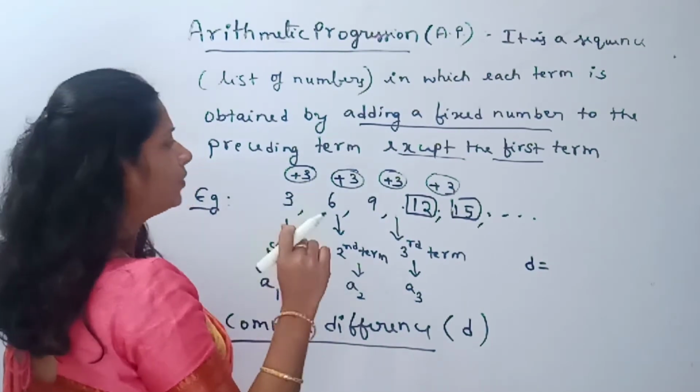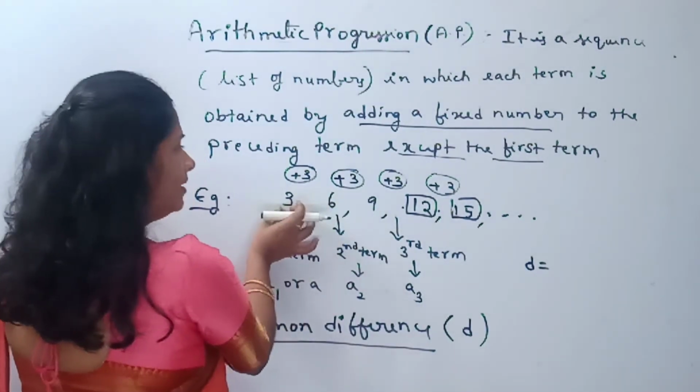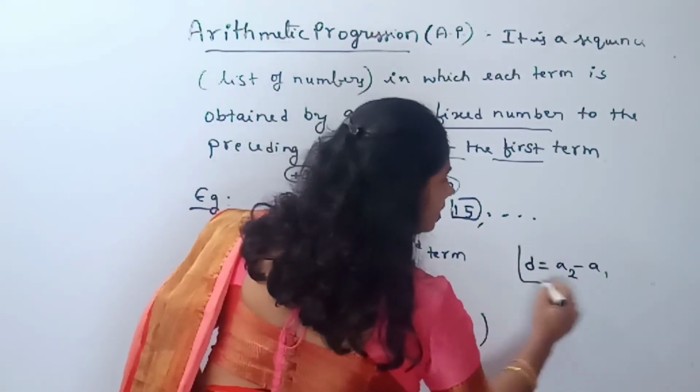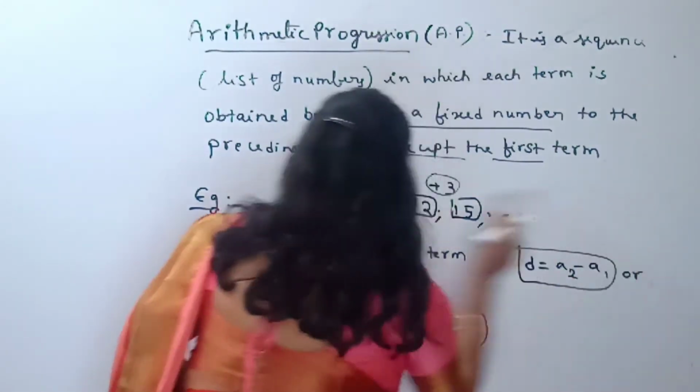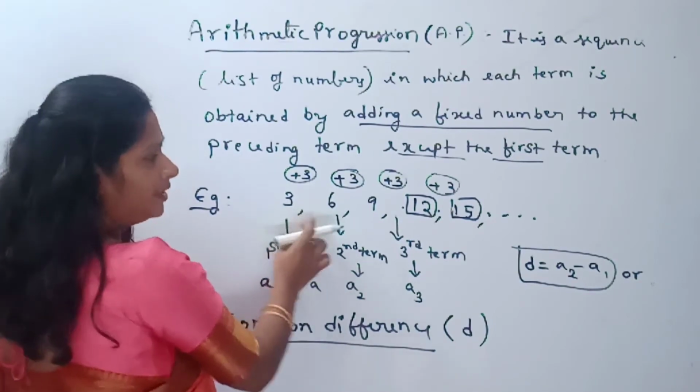So how will you find the common difference? Second term minus first term, you will get the common difference. Is it clear? Or third term minus second term you will get the common difference.